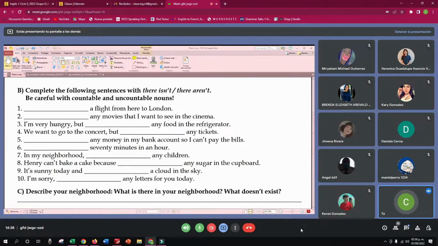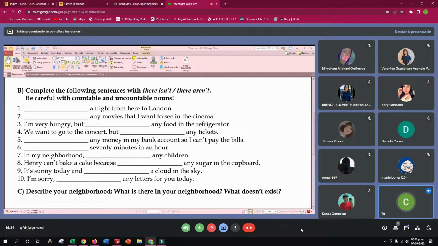Do you remember that we studied that, right? Which are the countable nouns? ¿Cuáles dijimos que eran los nombres contables? Countable, los que podemos contar, right? Like apples, bananas, books. We can count them. We can say 2 bananas, 10 bananas, right?